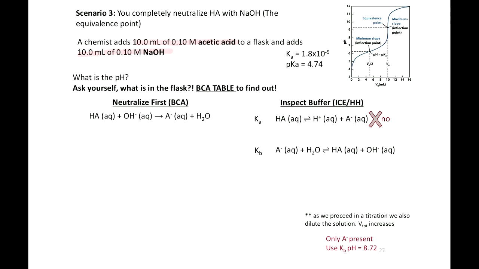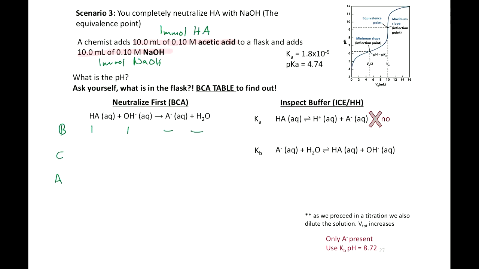All right, so let's just do a BCA table to see what is in our beaker when we add these two things. So there is 1 millimole of HA present. There is 1 millimole of sodium hydroxide. So when we mix these two things together, technically both of them are a limiting reactant. Right?